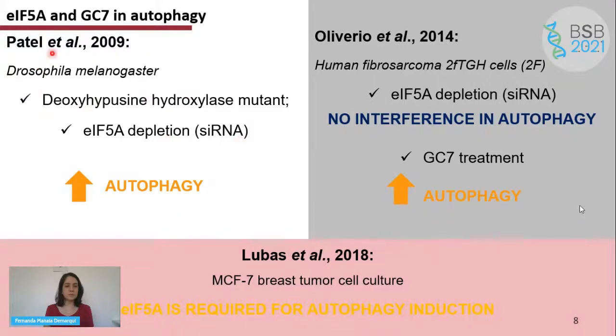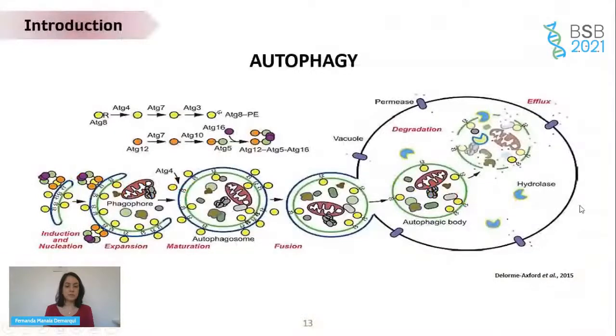For example, Patel and collaborators in 2009 described that deoxyhypusine hydroxylase mutants and eIF5A depletion have increased autophagy, while for Oliverio and collaborators in 2014, eIF5A depletion had no interference in autophagy, while DC7 treatment increased autophagy. For Lubas and collaborators in 2018, eIF5A was required for autophagy induction.